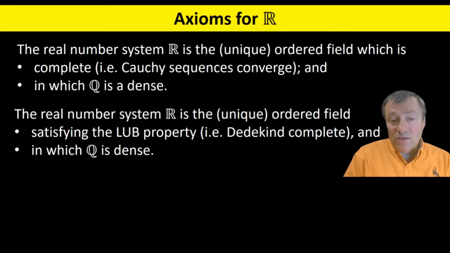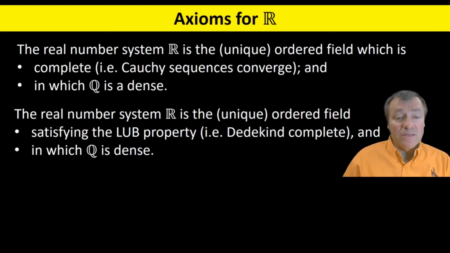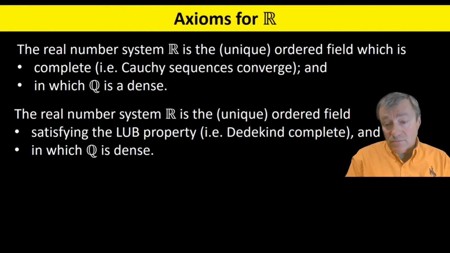And in the top of the slide, we have the Cauchy property, which is that Cauchy sequences converge. Cauchy's criterion gives us completeness. In the context of the other axioms, the least upper bound property will be equivalent. And this alternative, the least upper bound property, is also referred to as the Dedekind completeness axiom.